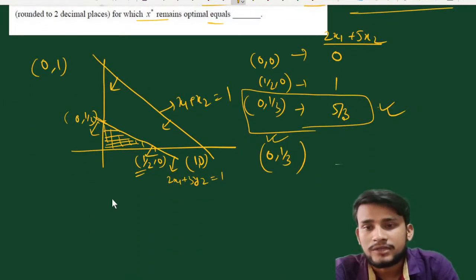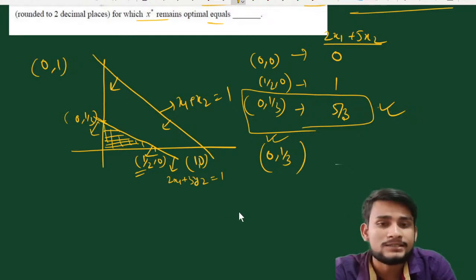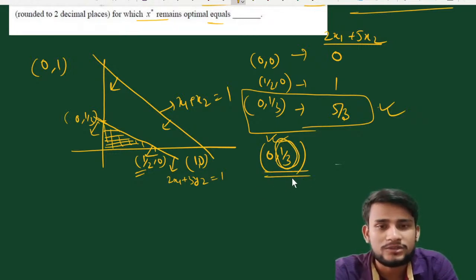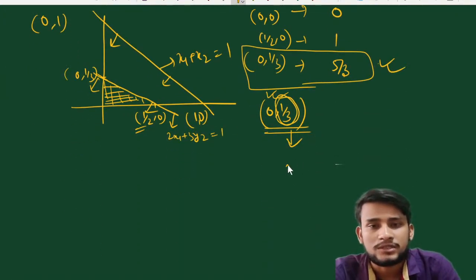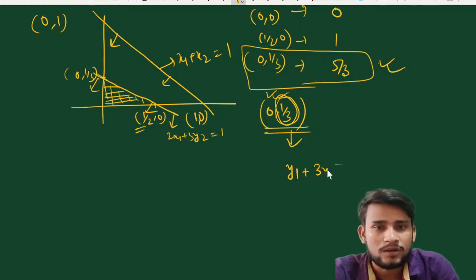Now we apply the complementary slackness theorem. If in the optimal solution the primal variable is non-zero, then the corresponding dual constraint is an equality. Therefore the second constraint of the dual is an equality. That means y1 plus 3y2 equals 5.